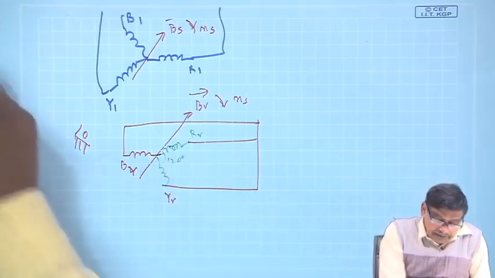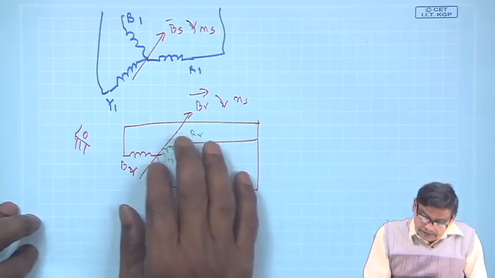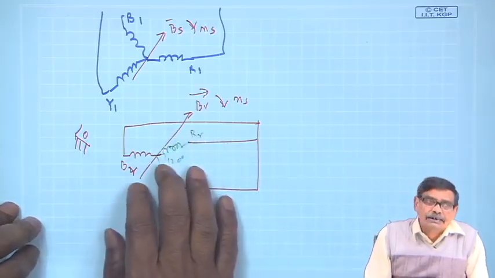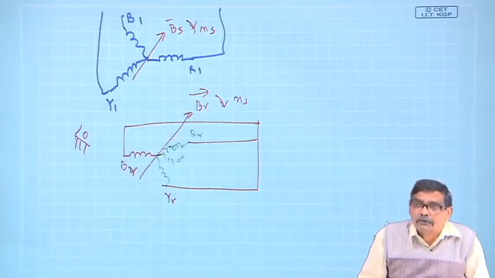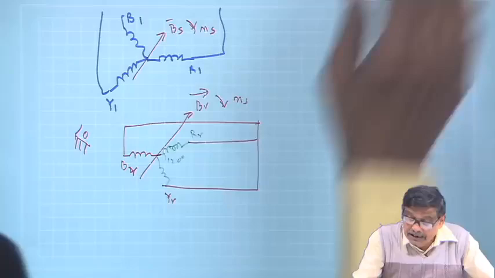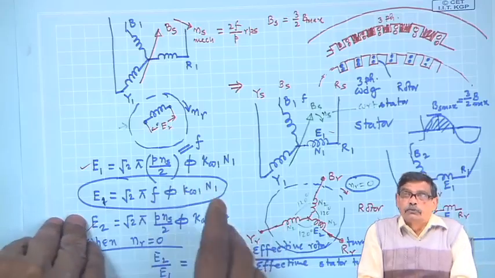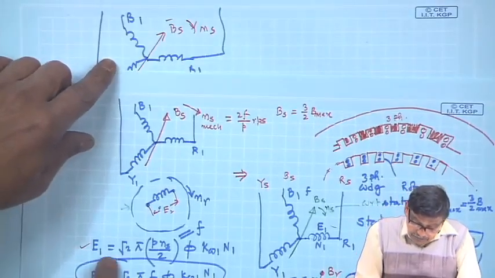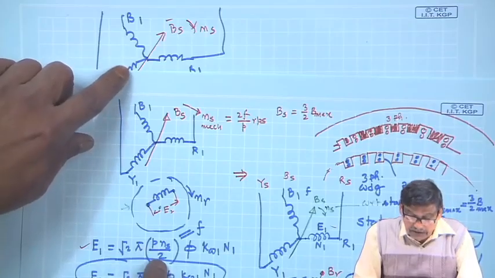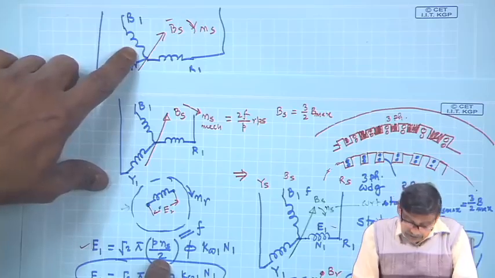Acha, I just raised this question so that you also feel that something is to be done about this. So, what is then going to happen? For example, in this expression, for the flux per pole phi, what should be used? Because in the stator coil, E1 is root 2 pi P Ns by 2 times phi, both of them are moving, no doubt, with synchronous speed.